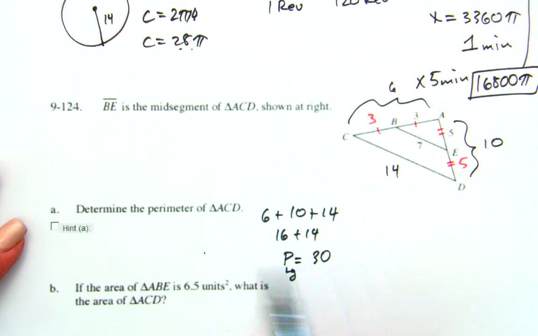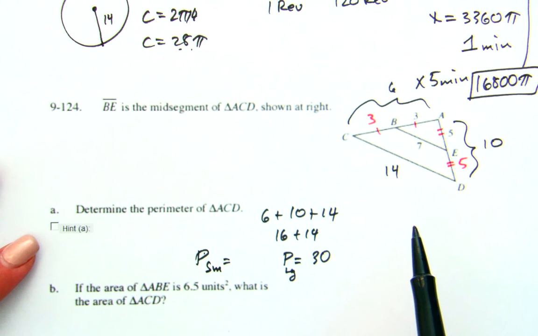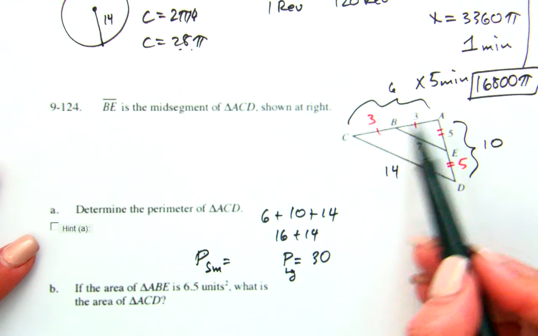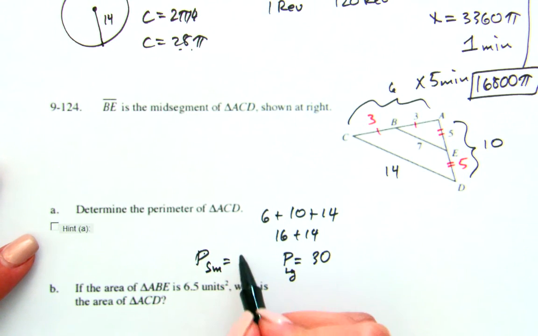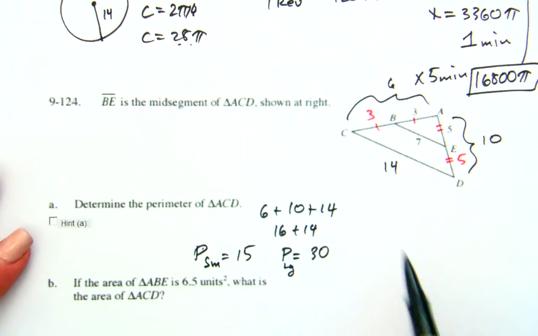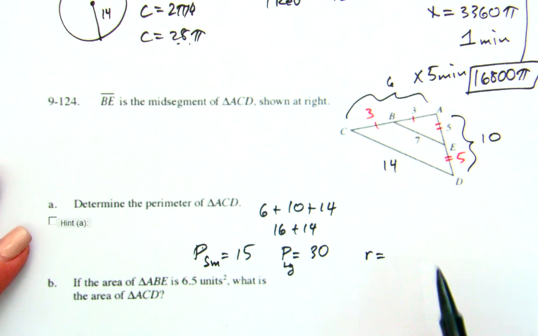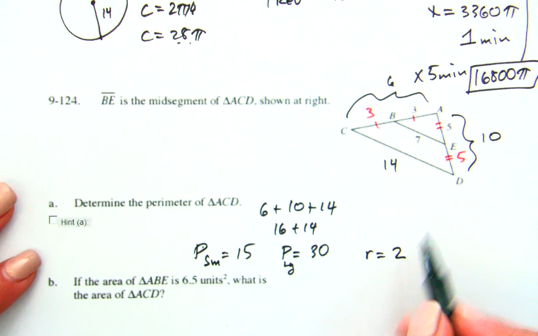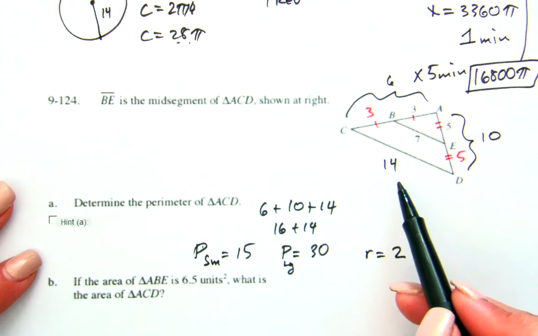The perimeter of the small, ABC: 3 plus 5 is 8, 8 plus 7 is 15. Well that should make sense because you're technically doubling everything. So your linear scale factor, or your ratio, is going to be 2 from the small one to the big one. So 6, 10, and 14.